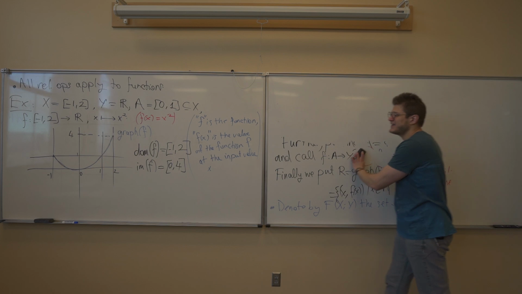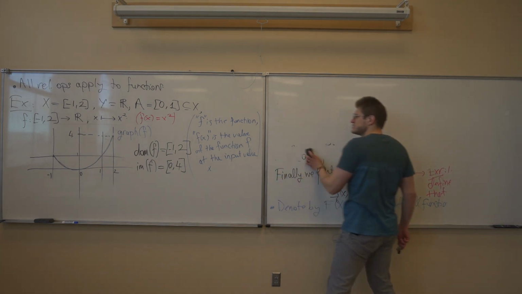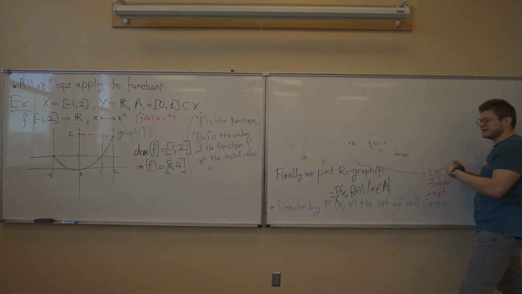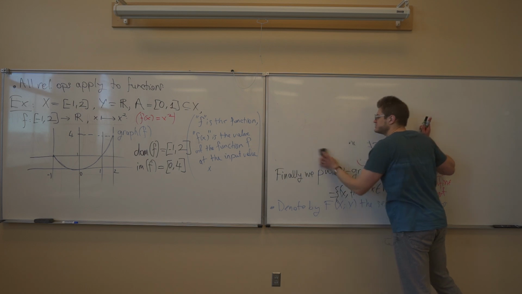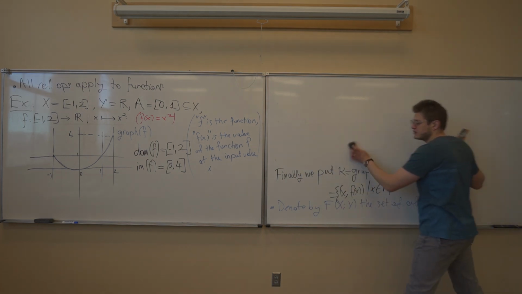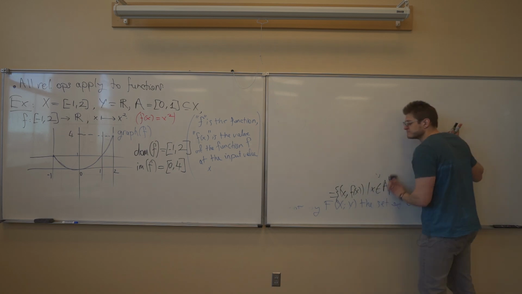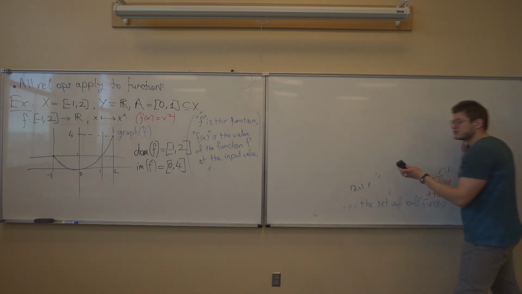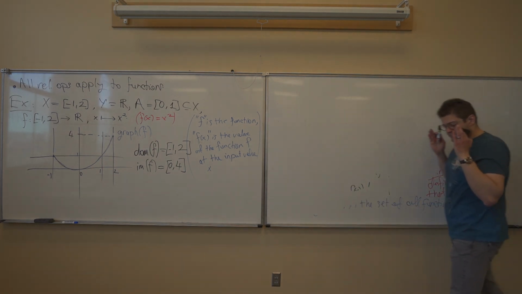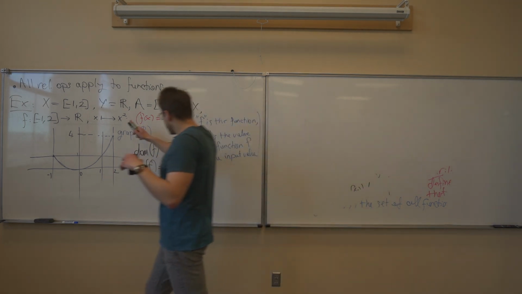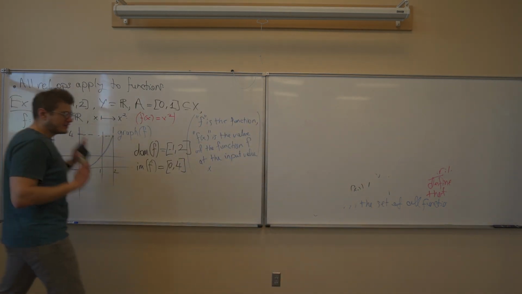And because the inverse of f is not quite a function, I don't want to write f to the -1. That's a specific notation reserved for functions that have actually functional inverses. But what I can do is I can put graph of f to emphasize that I'm really looking at this shape, and I can invert that.